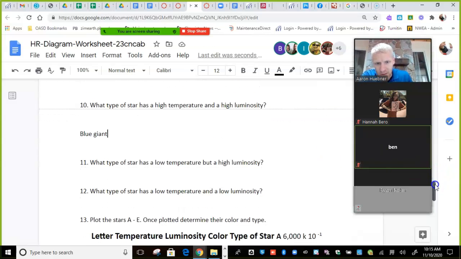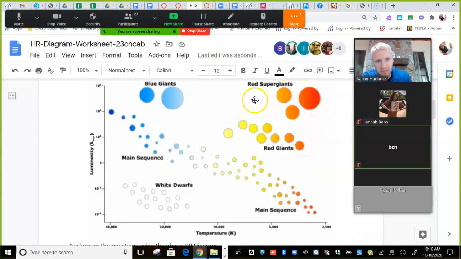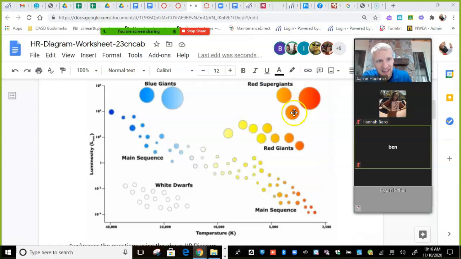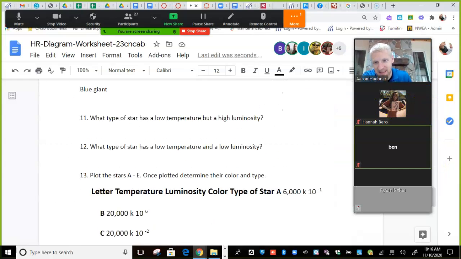All right, what type of star has a low temperature but high luminosity? Red giant, you got it. Rory's killing it. We call those red supergiants or red giants.